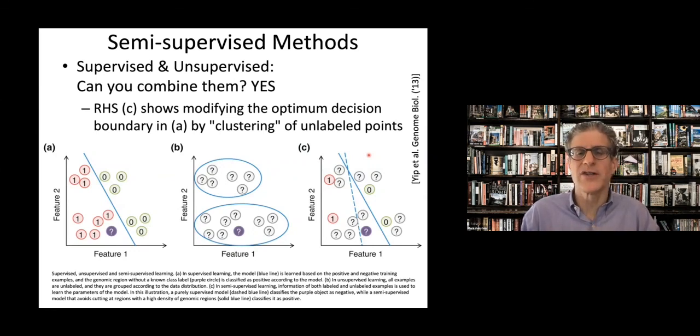Unsupervised methods look at unlabeled data and try to cluster it or think about it. There are some methods that try to change the decision boundary in relation to the clusters of the data. You might think of them as semi-supervised methods. They use some aspects of unsupervised approaches and some aspects of supervised approaches.